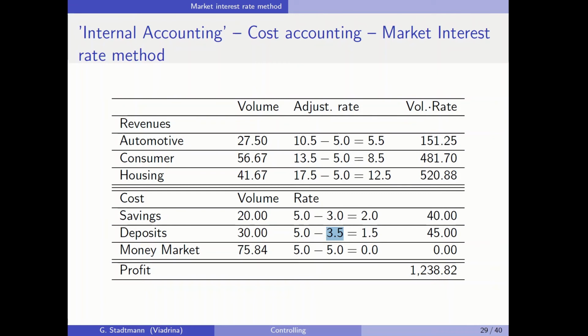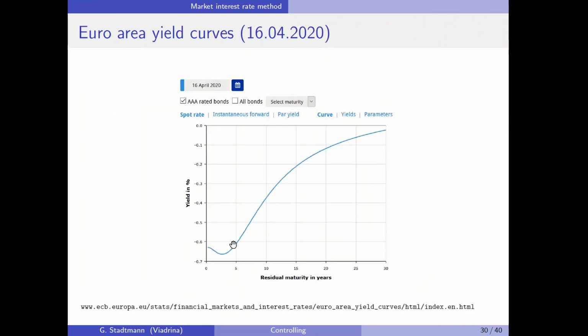There is one complication when it comes to the real world, and the complication is that we not only have one money market rate, but we have a yield curve. On this slide you can see the yield curve in April 2020.